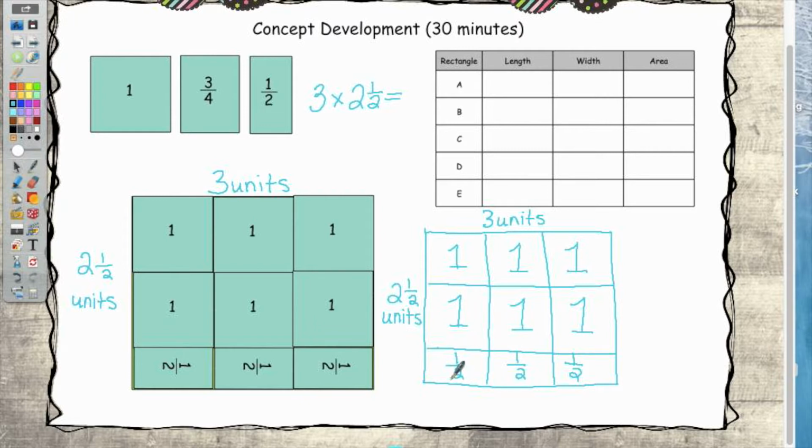How do I get 1/2? Look at this. I take 1/2 times 1. Did you see where I drew my arrows? That's 1/2 times 1, so that's 1/2 square unit.